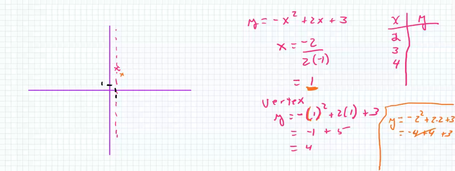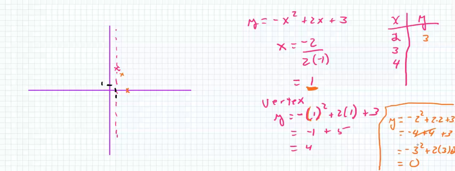All right, now we're going to use 3: -3 squared plus 2 times 3 plus 3, and that is equal to -9, plus 6, and 3 is 9, is 0.